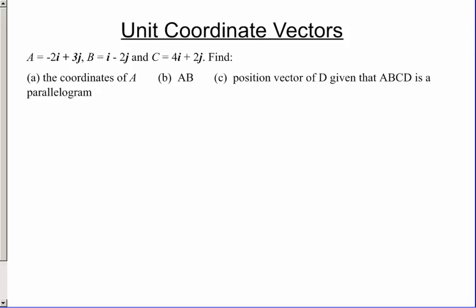It's telling us where A is from O. So another way we can write this is OA is equal to minus 2i plus 3j, because these are all position vectors. So the coordinates of A are nice and easy because it's a position vector. We've just gone 2 to the left and 3 up, so the coordinates are -2, 3.